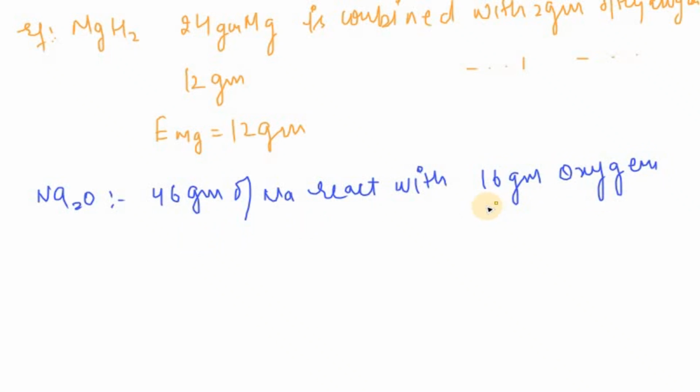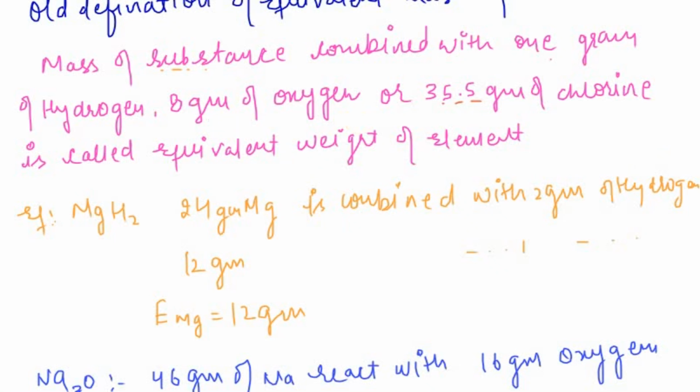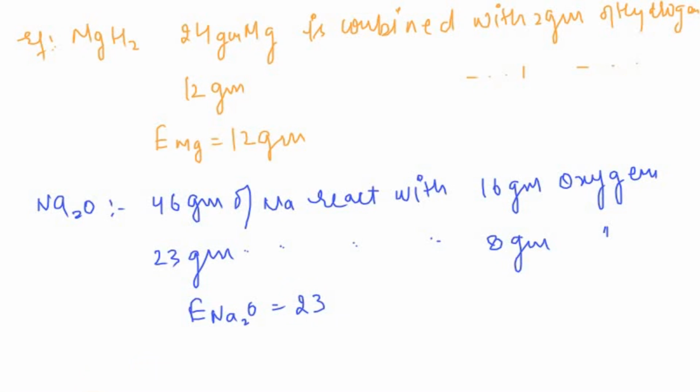If we look again at the basic definition, the oxygen we need is 8 gram. So if 46 gram of sodium is reacting with 16 gram of oxygen, then 23 gram of sodium will react with 8 gram of oxygen. So the equivalent mass of sodium in Na2O is 23.